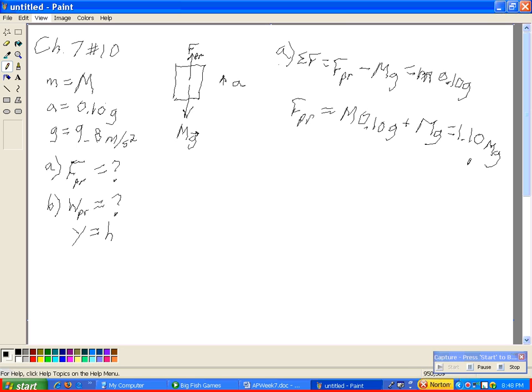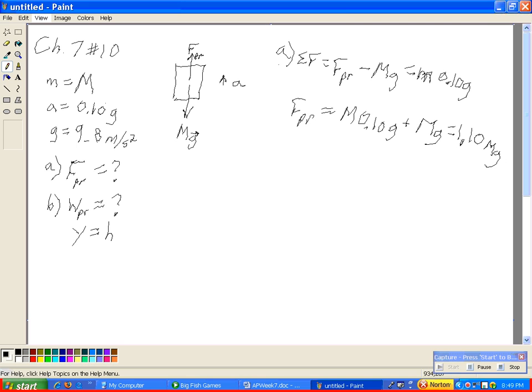And actually, that's your answer. Now, we could plug in 9.8 meters per second squared for g and calculate that. However, since you already have a variable, well, not really a variable, but they give you the mass in letter format, it's okay to put other letters representing numbers in with the answer.